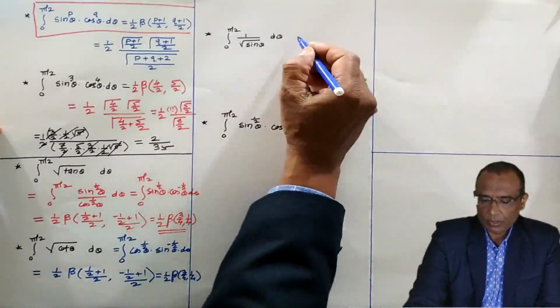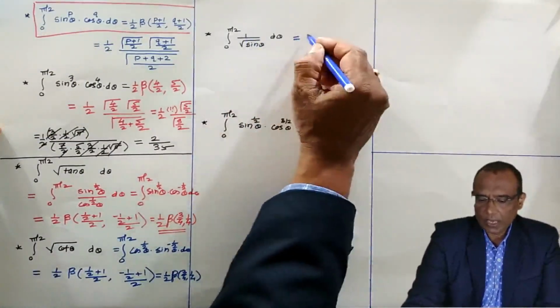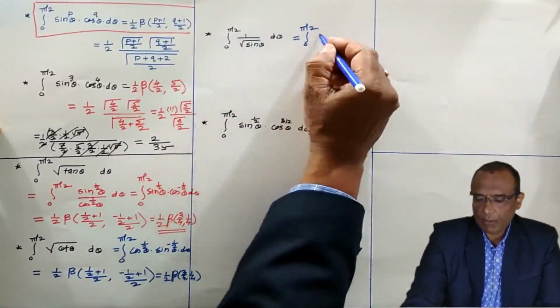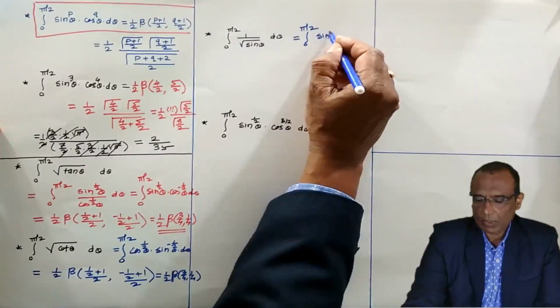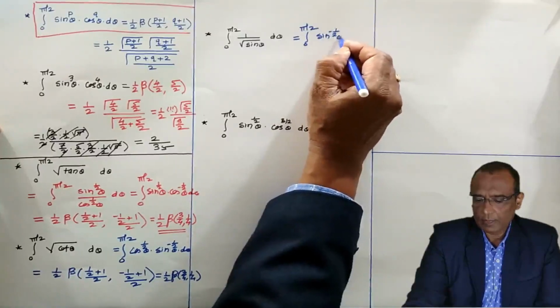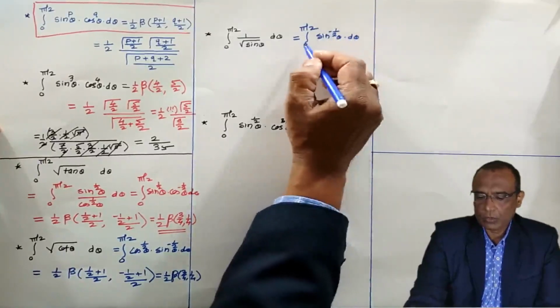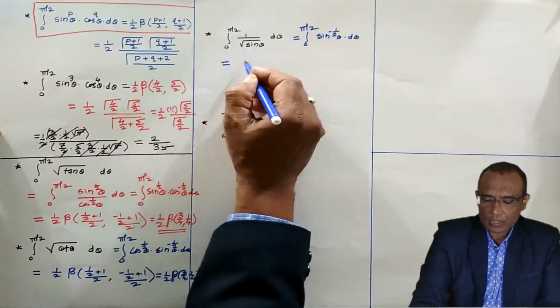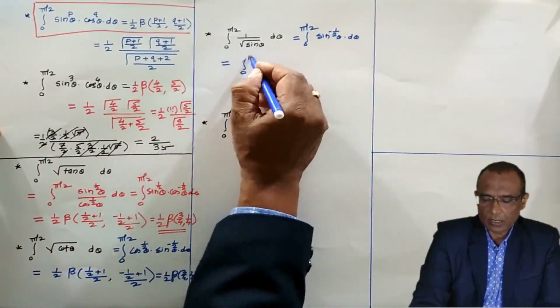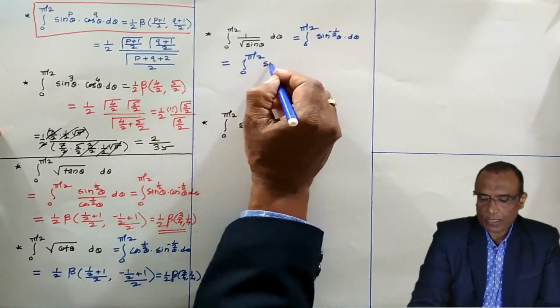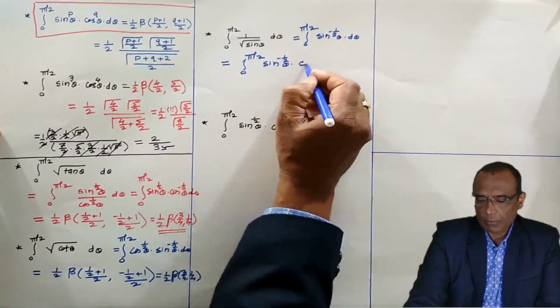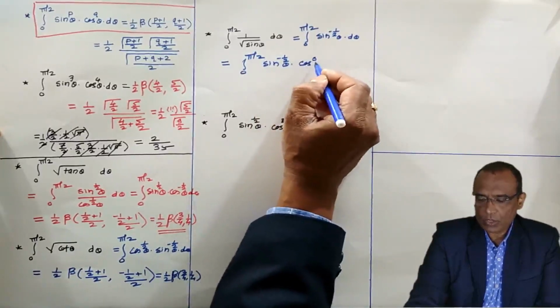Now the next problem, the value of this integral I am going to find. Integral 0 to pi by 2 sin raised to power minus 1 by 2 theta d theta. Here the power of sin, index of sin, is minus 1 by 2, but the cos term is not there, cos is to power 0.